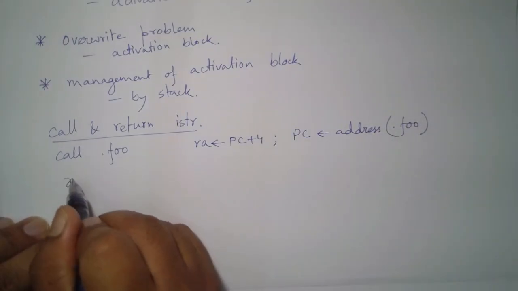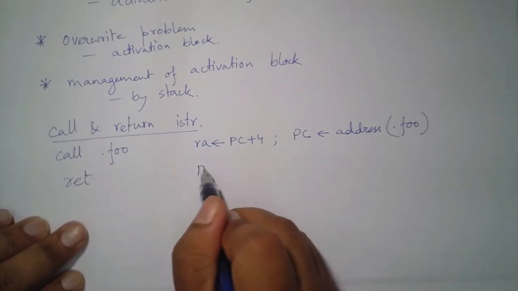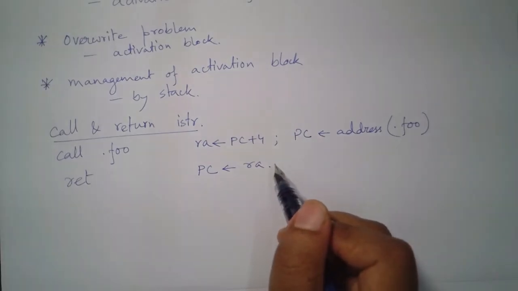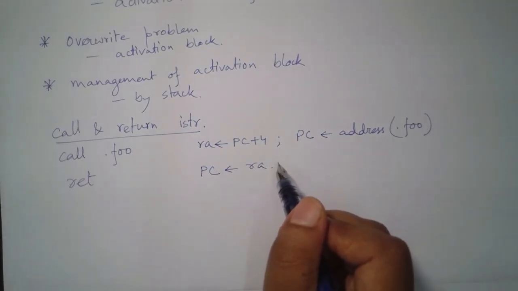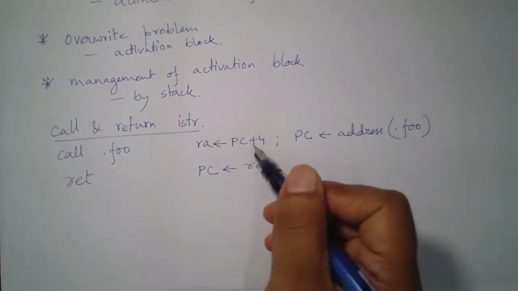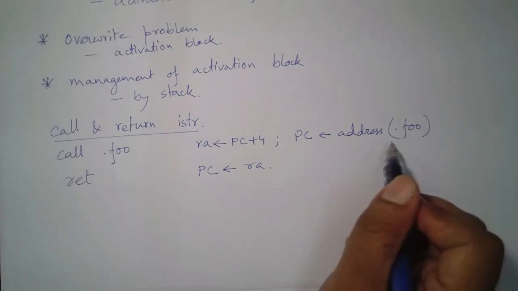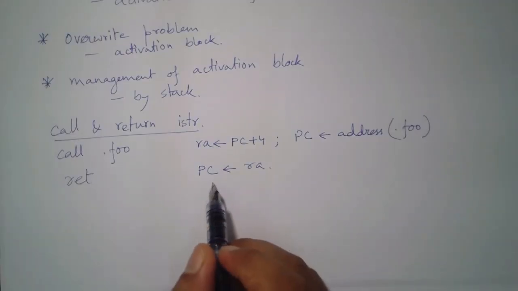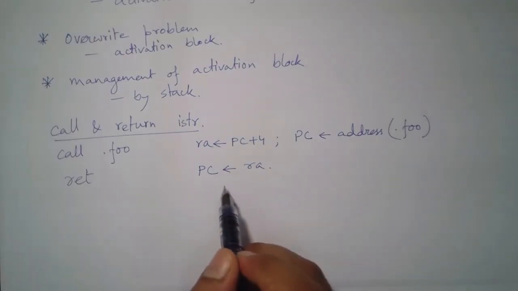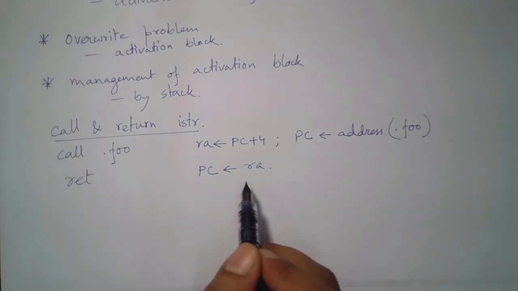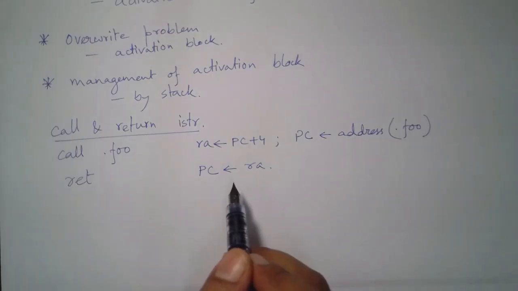And what will return do? Return will just update the PC with the return address register. So the call instruction puts PC plus 4 in the register and jumps to the location where the function starts, and the return instruction is pretty much like a jump instruction. It updates the PC to this new location, and it comes back to your original location.